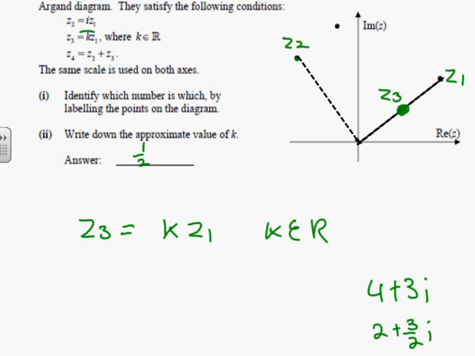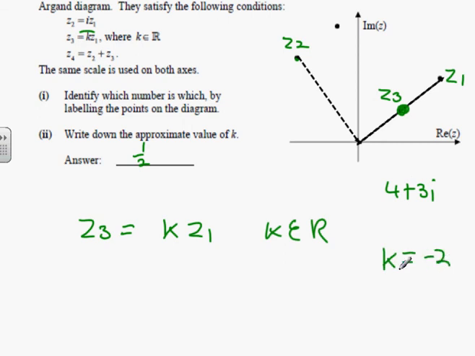Now that that's done, what happens if K is a number bigger than 1? So if I said it was 4 plus 3i to begin with, if we multiply that by 2, we get 8 plus 6i, which is twice as long as the original. If I say that K equals minus 2, we automatically know it's twice as long.